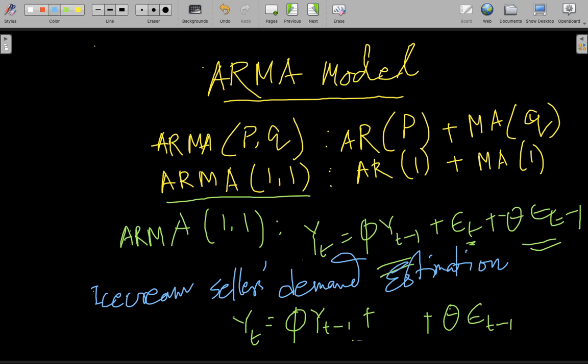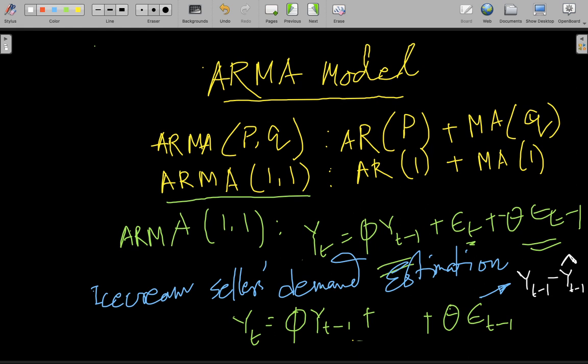What the ice cream seller can get, let me use a different color actually, is definitely the past period's actual demand, and he used the model to predict the past period demand, Y_(t-1) hat. Y_(t-1) hat is basically going to give us the predicted value of the past period.